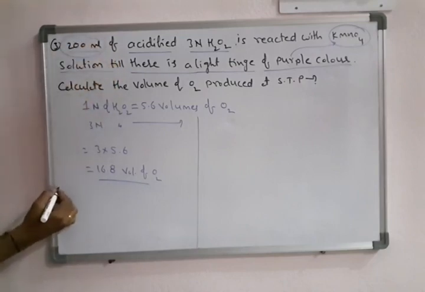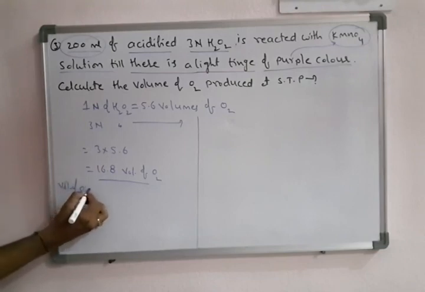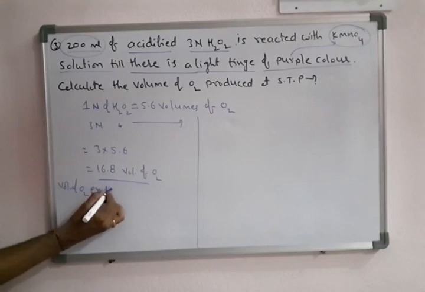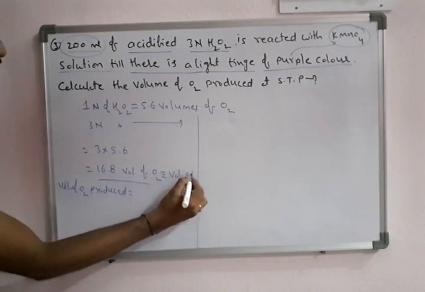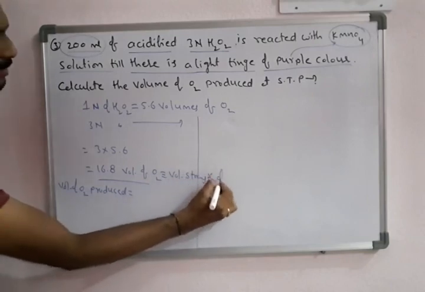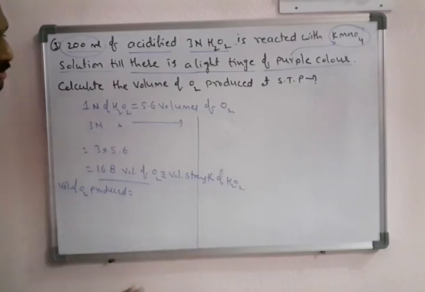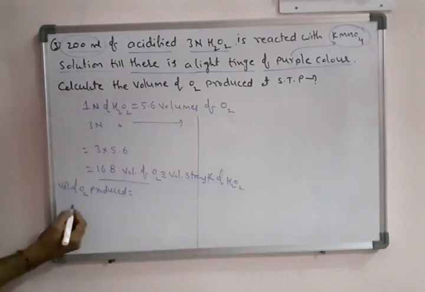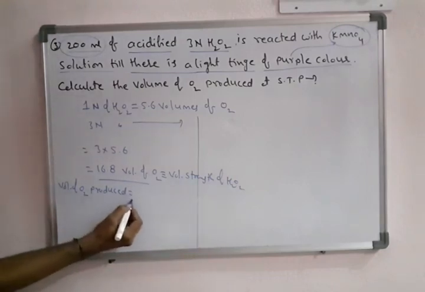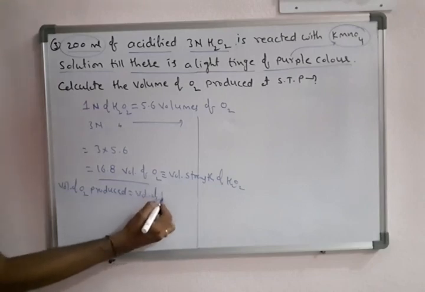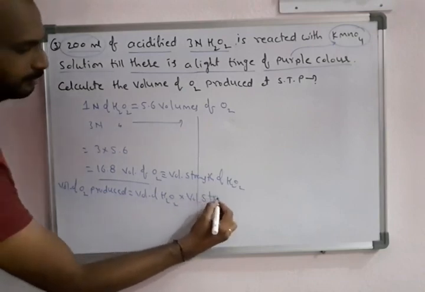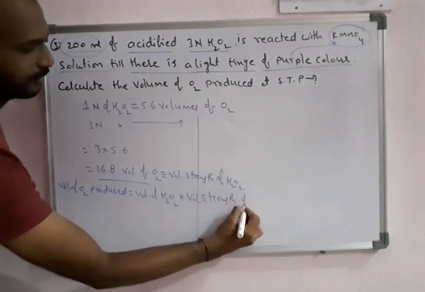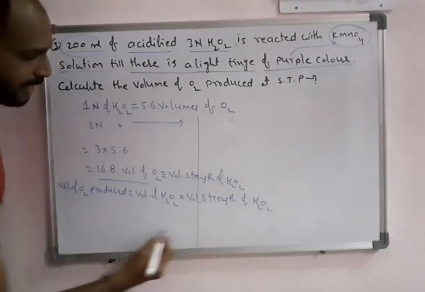So we know the relation that the volume of O2 produced, already we know it can be written as, volume strength of hydrogen peroxide, and we know the formula: volume of oxygen produced is equal to volume of H2O2 into volume strength of hydrogen peroxide.